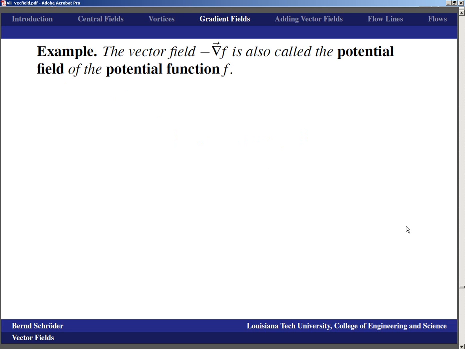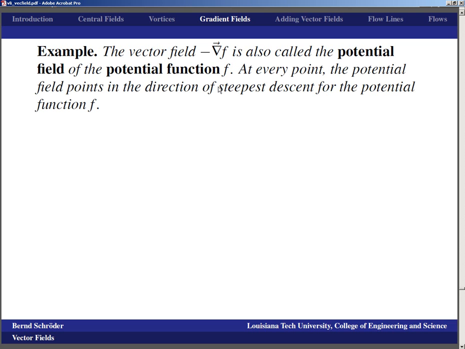Okay, final example here. I guess I should have said definition here, but let's just move on now. It's also an example, if you will. The vector field negative gradient of f is also called the potential field of the potential function f in physics, and that is because at every point the potential field points in the direction of steepest descent, not ascent, for the potential function f.